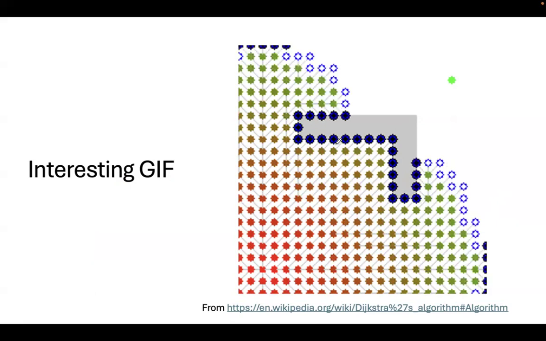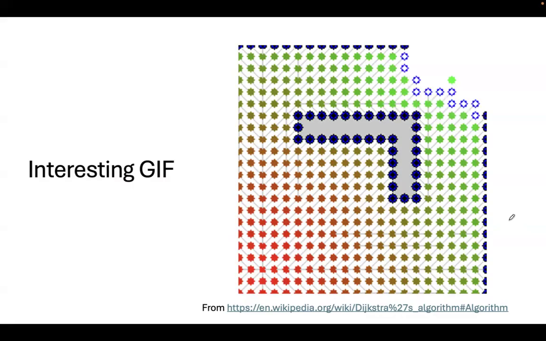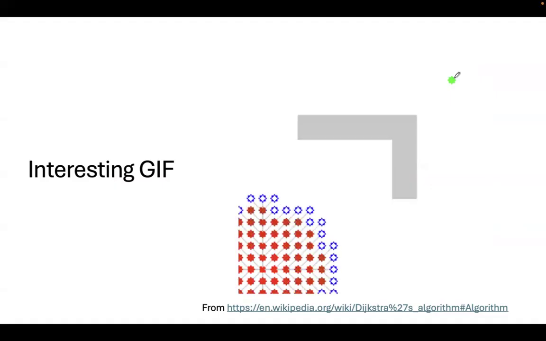I can't go any further. And so it kind of goes around that. And it keeps creeping until we reach a point where this is the shortest option to go forward. And so then we realize, oh, we're done. We found the shortest path.